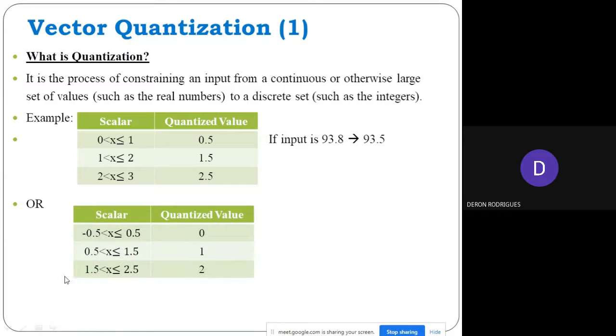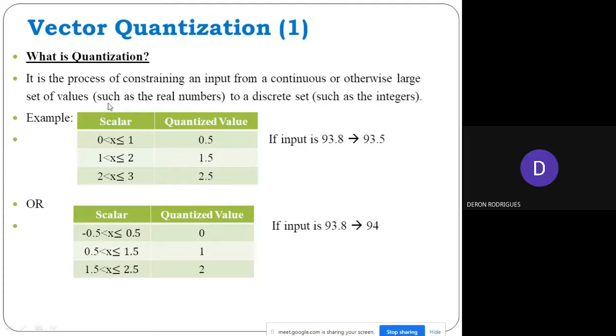Another example I have taken: if the value is between minus 0.5 and 0.5, I am giving it a value 0. If it is from 0.5 to 1.5, then I am assigning it a value of 1, and so on and so forth. Using this example, if we try to find the value of 93.8, it will be quantized to 94.